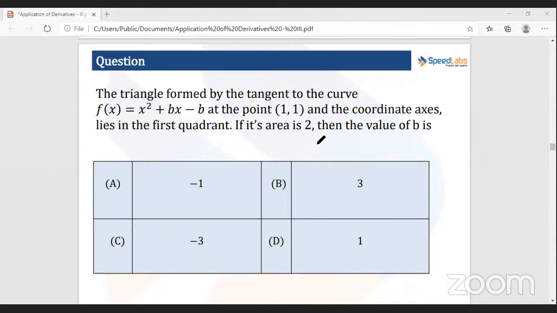Kritika, the sign is wrong. Your answer is partially correct. Okay, so let's discuss the solution now.